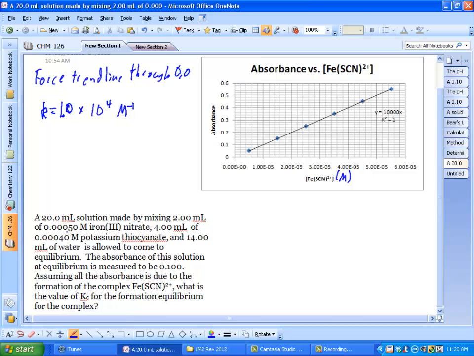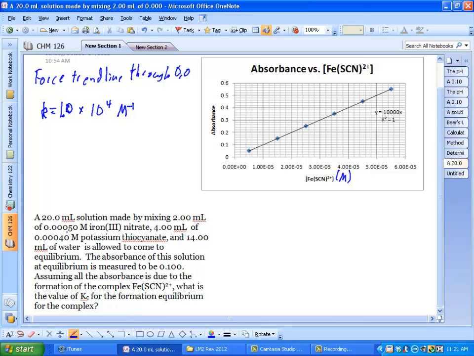We add 14 milliliters of water to that, so that adds up to a total of 20 milliliters. We find that once this solution reaches equilibrium, the absorbance measures to be 0.100, exactly, because we can measure absorbance to 3 decimal places with the instruments that we have.